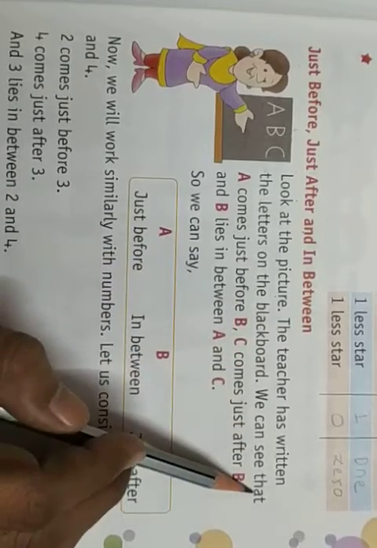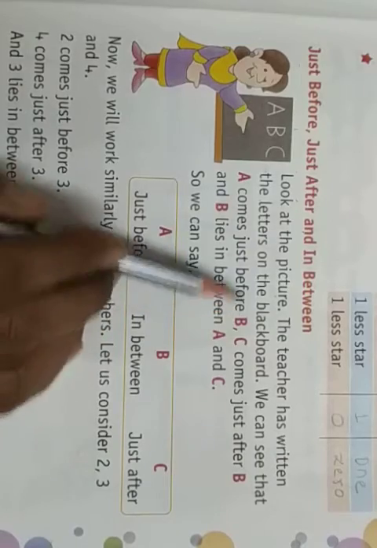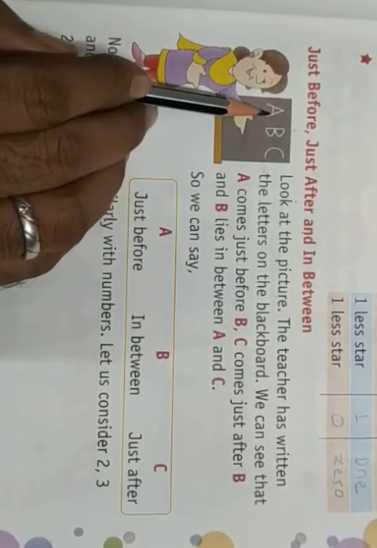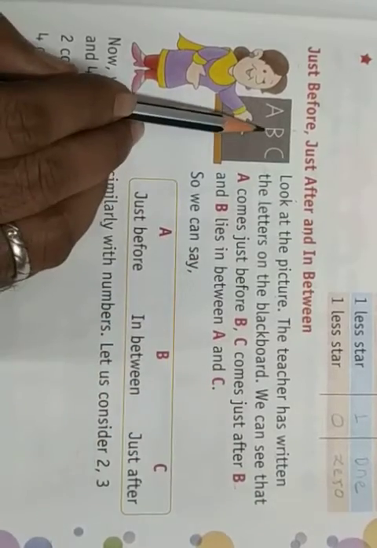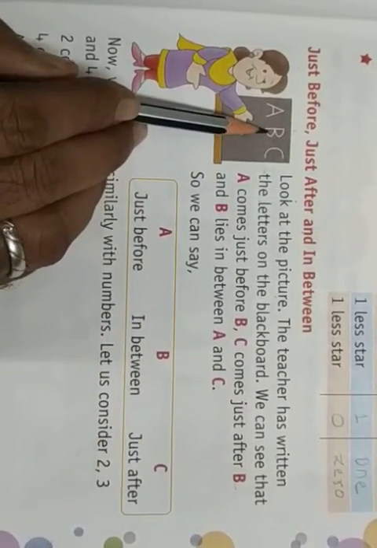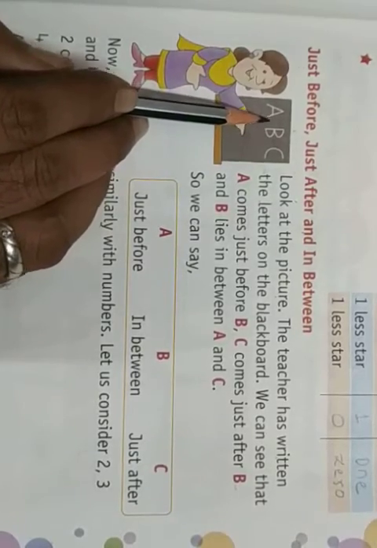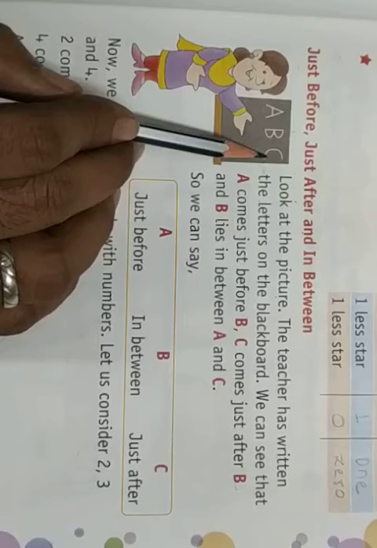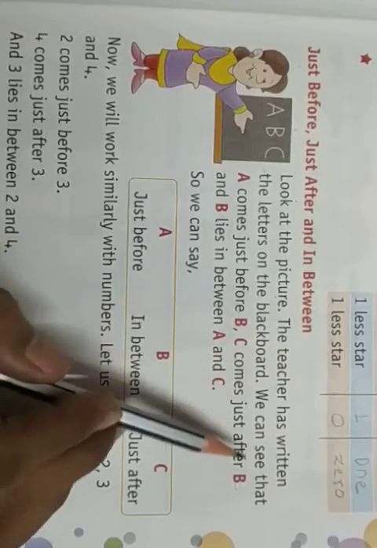We can see that A comes just before B, and C comes just after B.